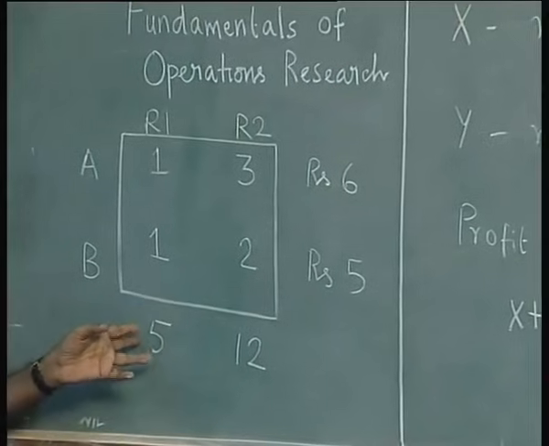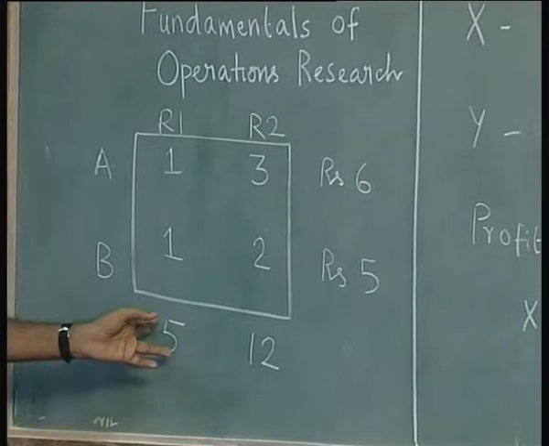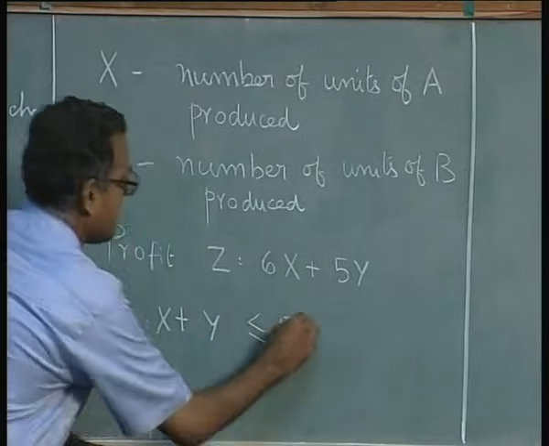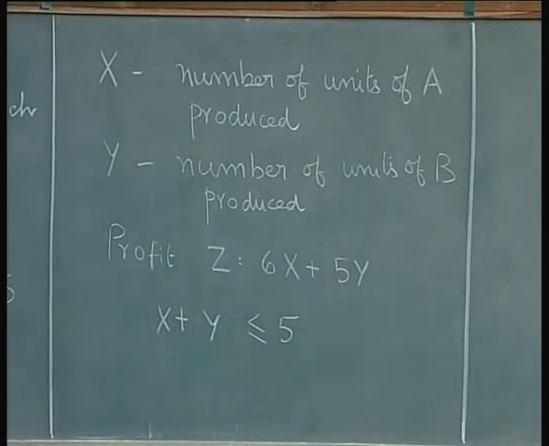So, this X plus Y should not exceed 5, or X plus Y is less than or equal to 5. It cannot be more than 5. Similarly, 1 unit of A requires 3 of R2, 1 unit of B requires 2 of R2.